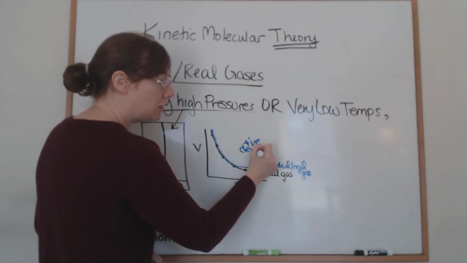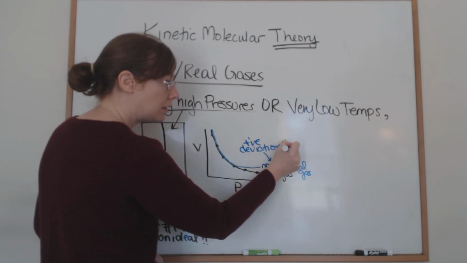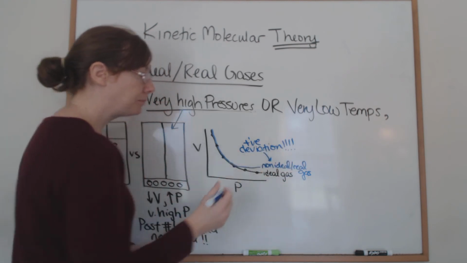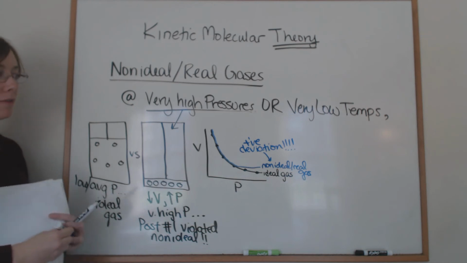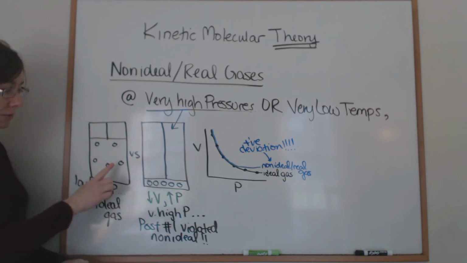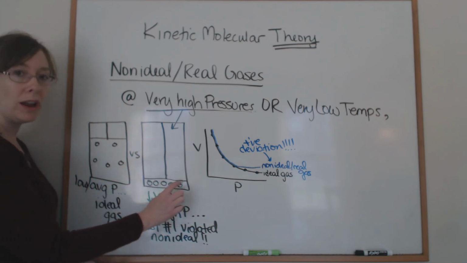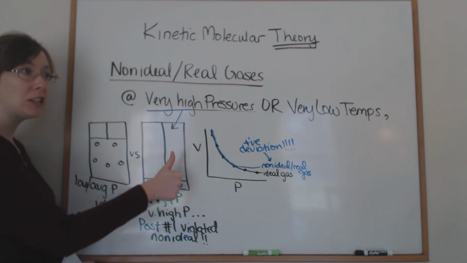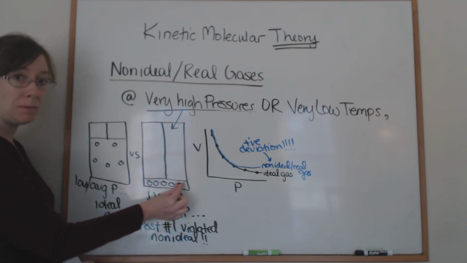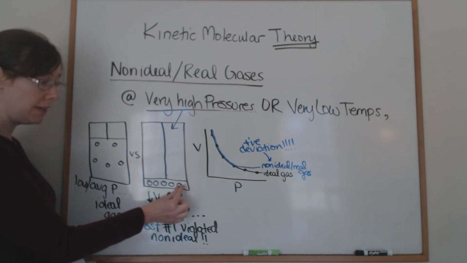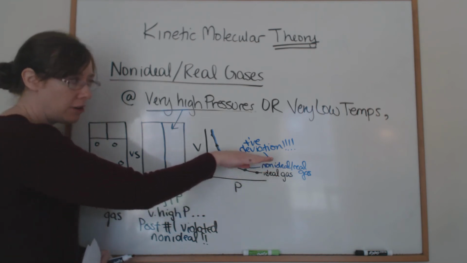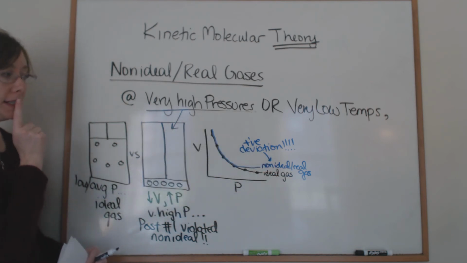Positive deviation is a larger number than what you would expect or what you would calculate. The reason the volume is slightly larger is because rather than discounting the particle's volume, it now becomes important, and it becomes not negligible anymore. So it will actually give you a volume that includes the volume of the gas samples, and you're going to have a greater volume than what you would have predicted.